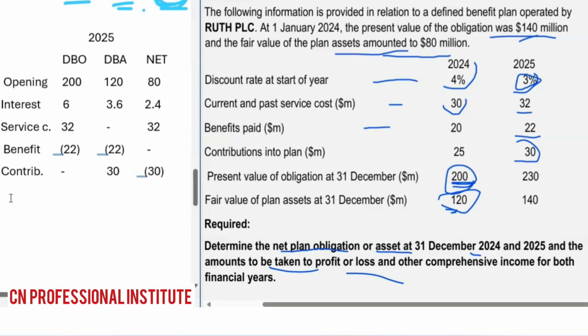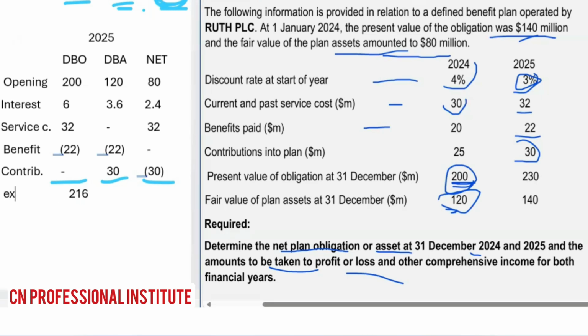Let's get the expected values. For the liability, 200 plus 6 plus 32 minus 22 gives 216, which is the expected value.